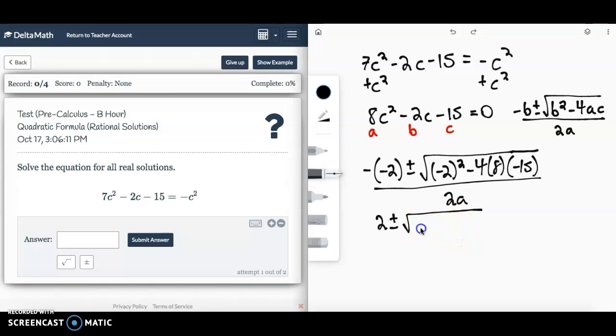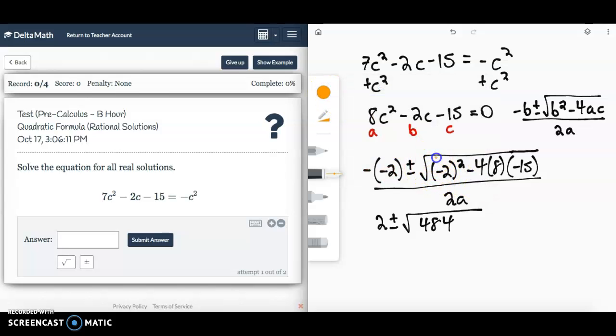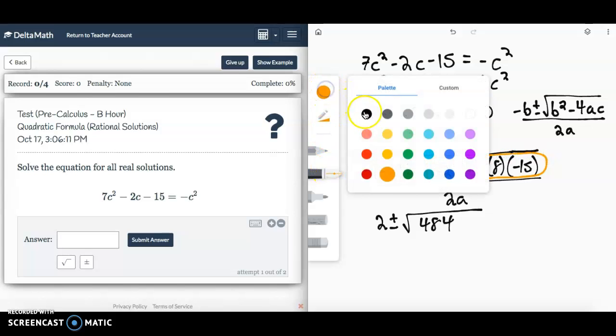I got 484. So that's just putting all of this stuff in my calculator, ignoring the square root, okay?